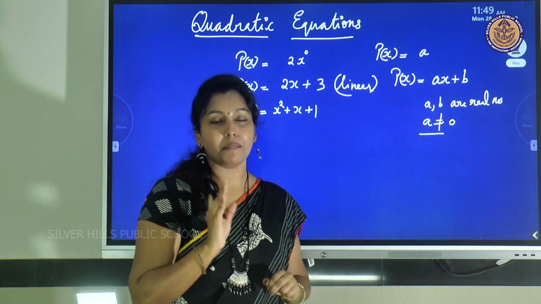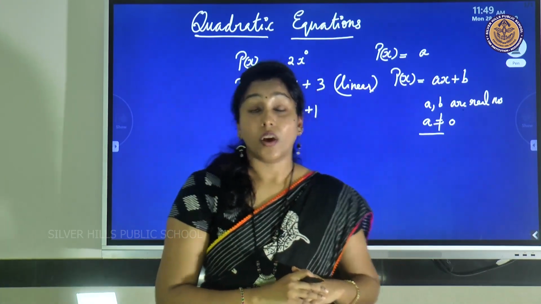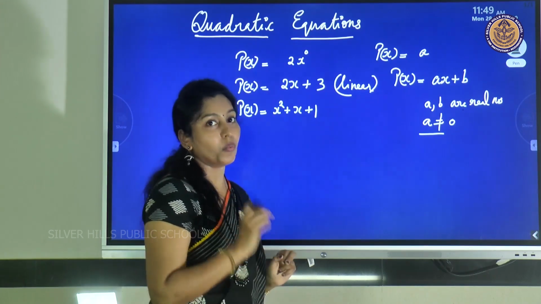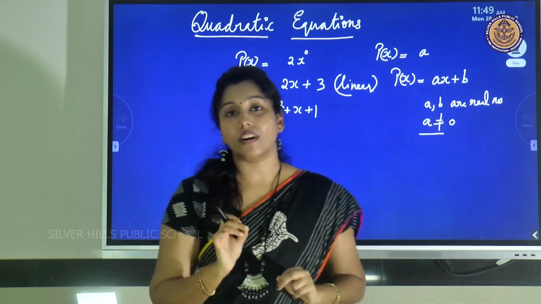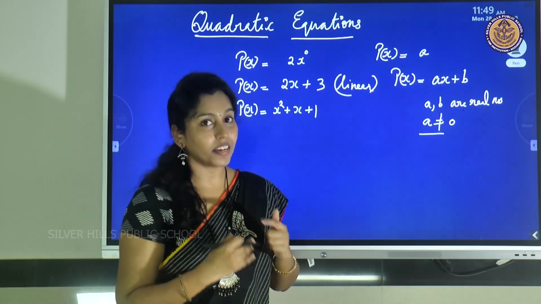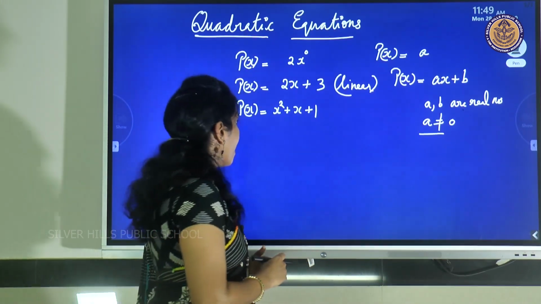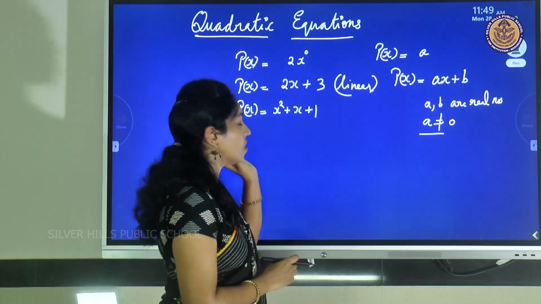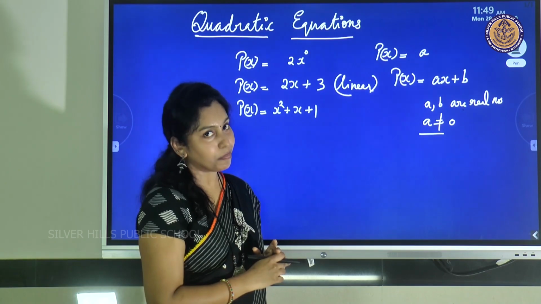And what is the name of such a polynomial? We know if a polynomial's degree is 2, we call it a quadratic polynomial. And see children, our topic is quadratic equations, we are coming to it. So, any polynomial whose degree is 2 is called a quadratic polynomial.